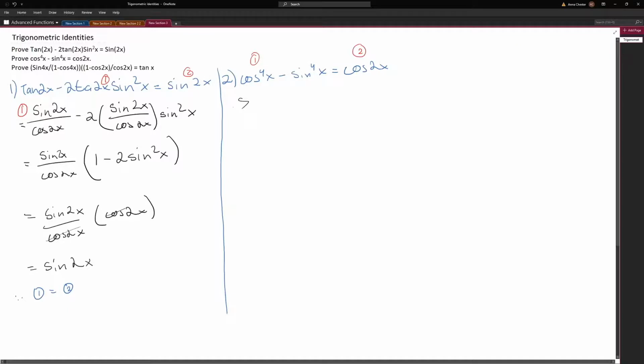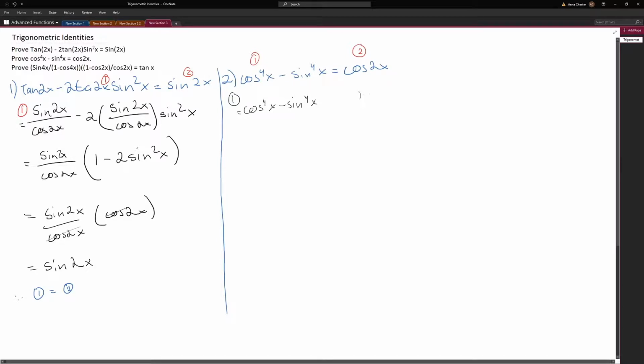Let's think. At first, let's work with 1 again, because that is the portion that is difficult. So 1, we have cos to the power 4 of x minus sine to the power 4 of x. I know I don't say it properly most of the time, but let's look at this format. We have something to the power 4 minus something to the power 4.